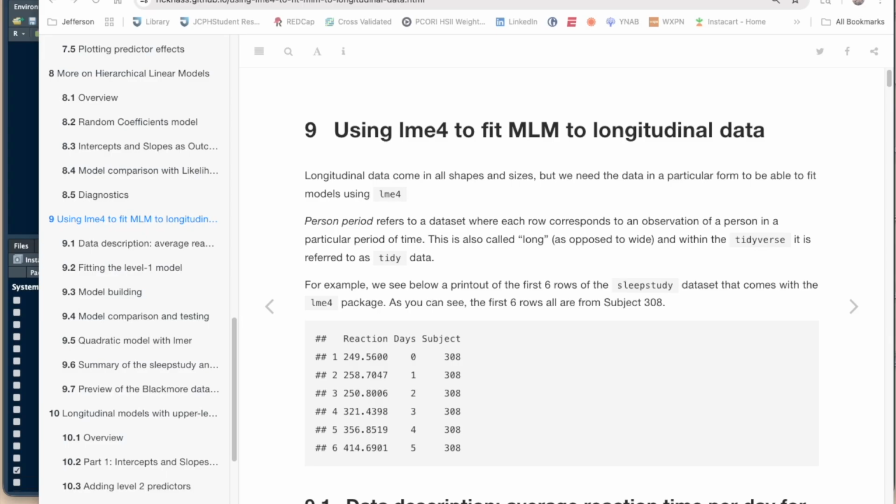This is really where mixed effects models have shined, and where the development accelerated from, as an alternative to the classic repeated measures approach to longitudinal data, which was very restrictive.